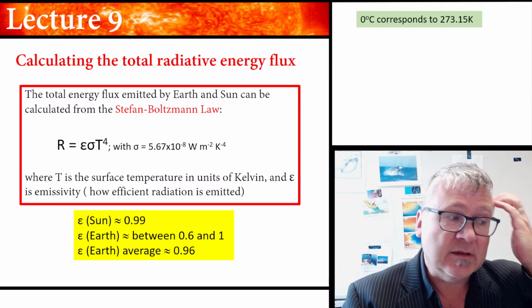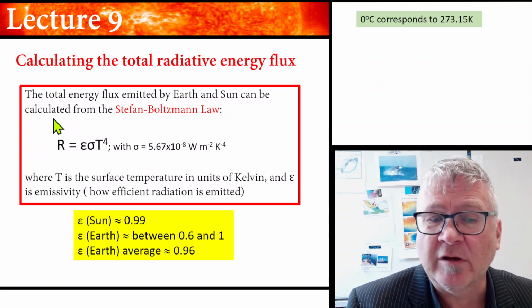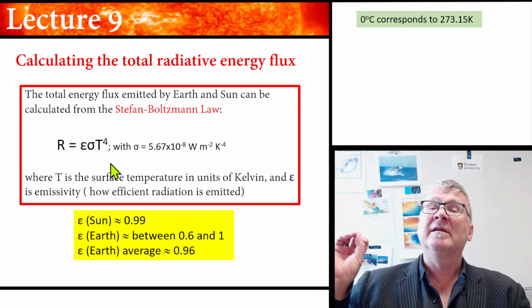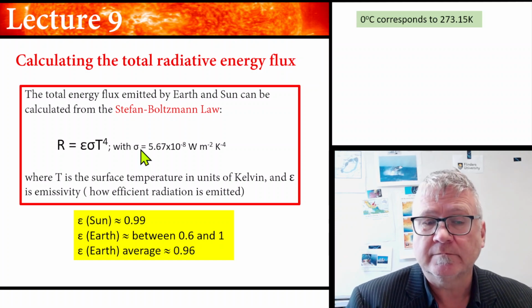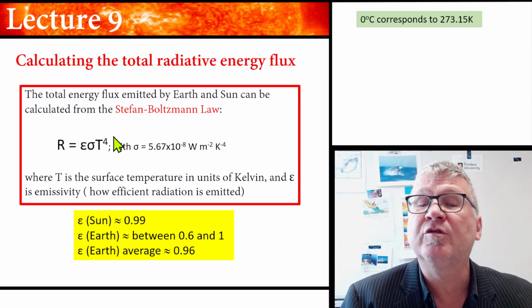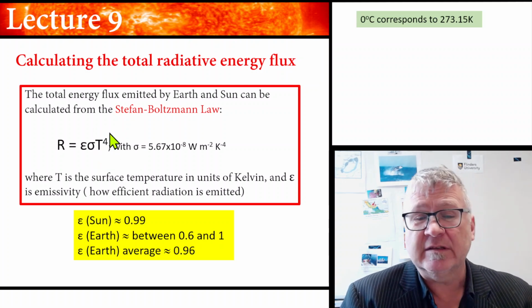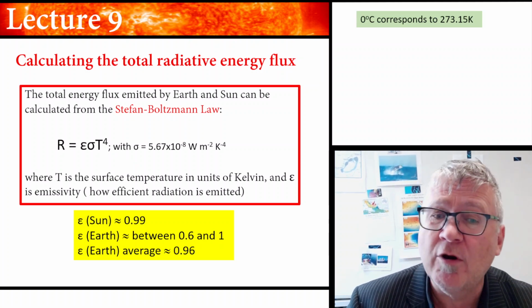So, this is a formula from which you can calculate the total heat flux in watts per square meter, and you need to plug in the temperature in Kelvin, and then to the power of 4. Okay. So this is important to convert it to Kelvin, otherwise your calculations are wrong.